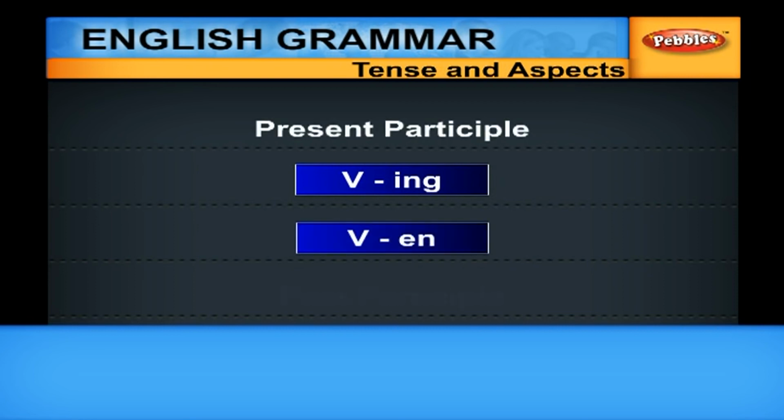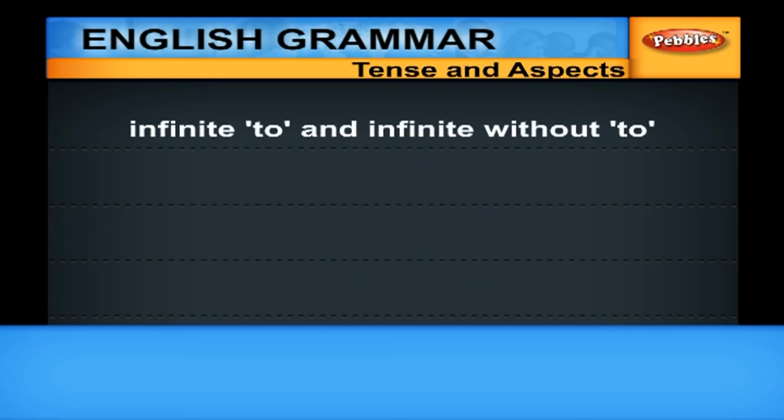VEN, past participle. Present participle VING and past participle VEN, they need helping verbs to form verbal constructions. Then we have infinitive with to and infinitive without to.